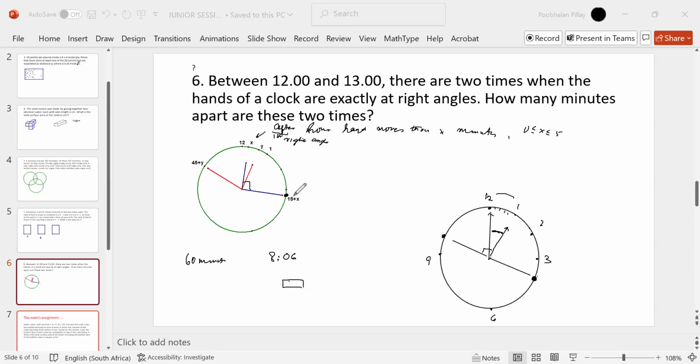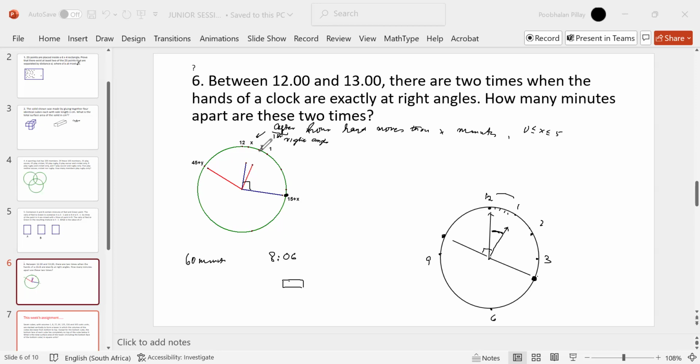So the minute hand would have gone through 15 minutes in this time, right? But the hour hand has also moved. So that is why this is x, this is 15 plus x. See, this is quite important. So the hour hand is sitting here.